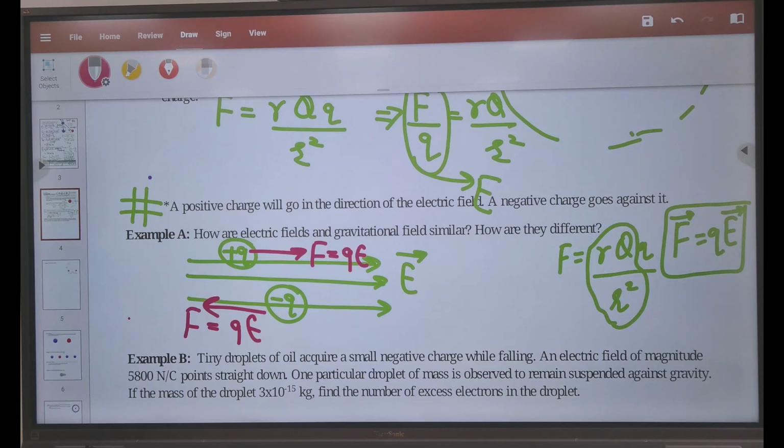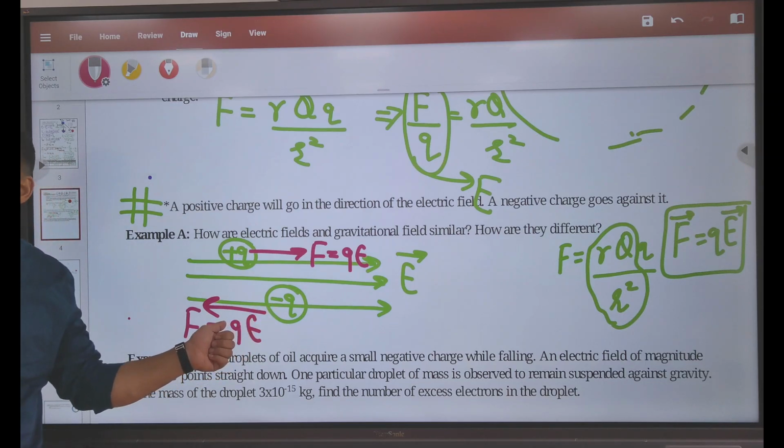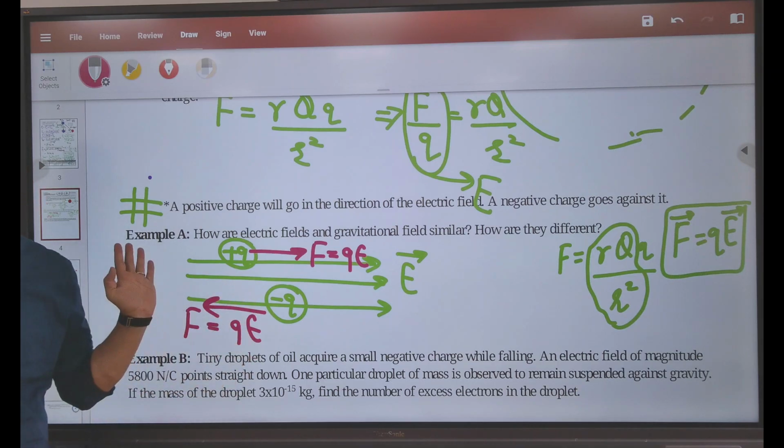Since the charge is negative, it is minus QE as per the directions. Minus means the direction is opposite. Otherwise, the magnitude of the force is Q into E.